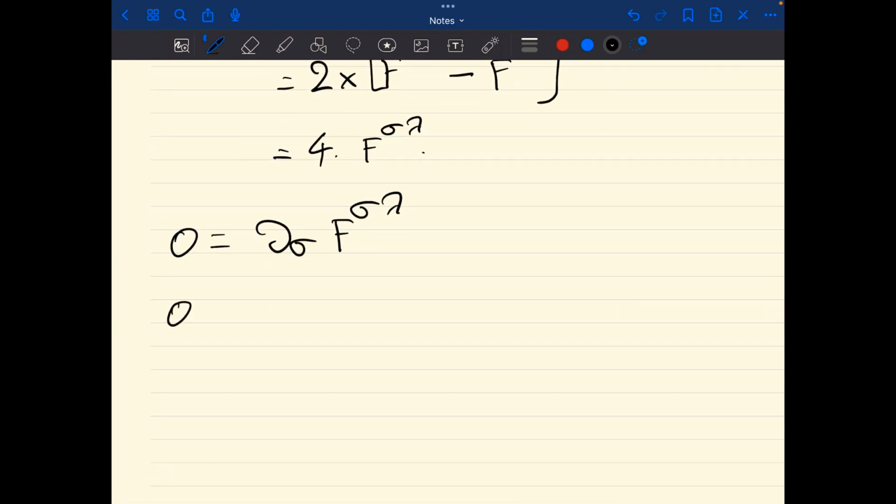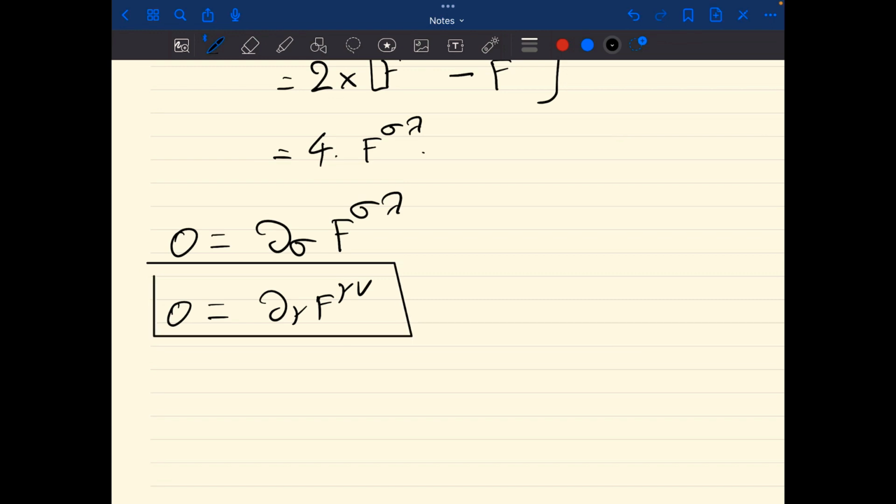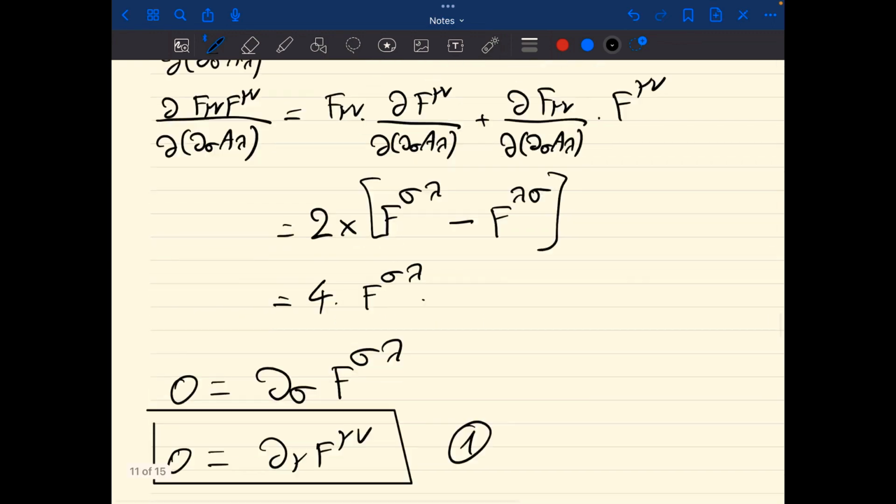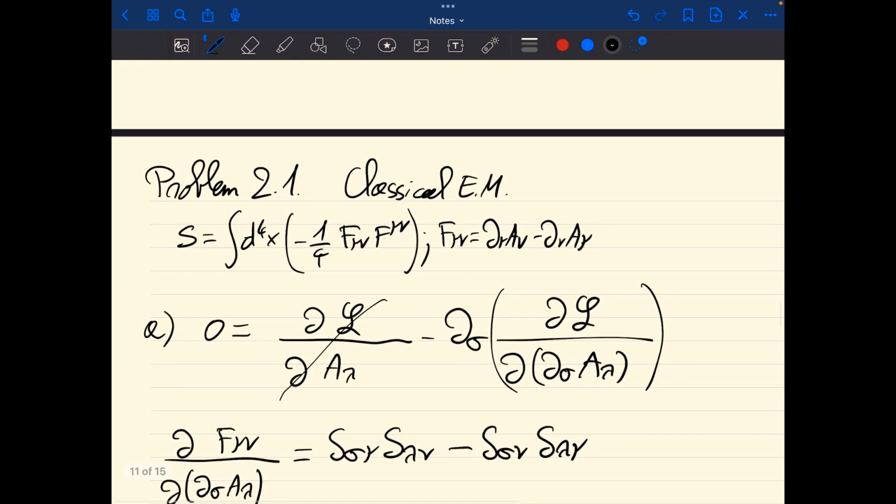And okay, you might know that better. If we use mu nu, it's a more familiar form. Yeah, so that's it. That's the first equation of motion of classical electromagnetism. A second one we can derive directly from the definition of F mu nu.